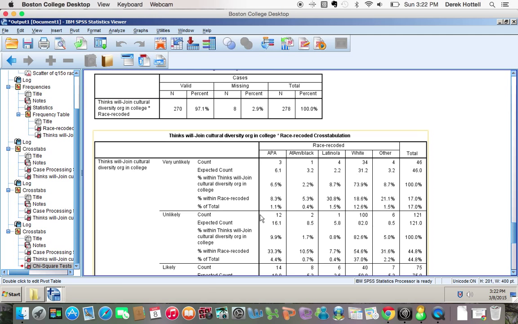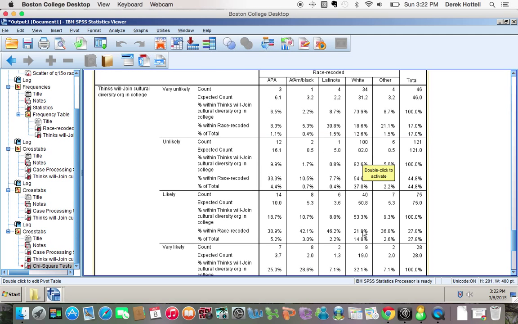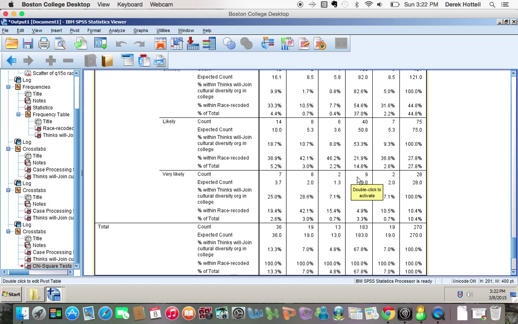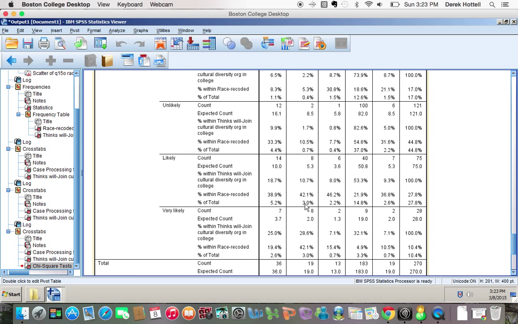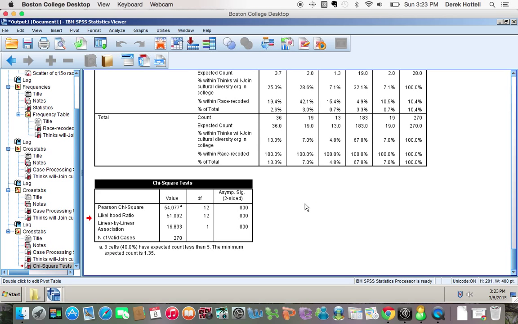But what we don't know is where that difference lies. We don't know if that's primarily in white students who would be expected to say they're going to join a cultural diversity organization at a higher level than they do, or an African American student. We simply don't know where that exists. But we do know crucially that there is a difference. And that is what the chi-square test will do for us.